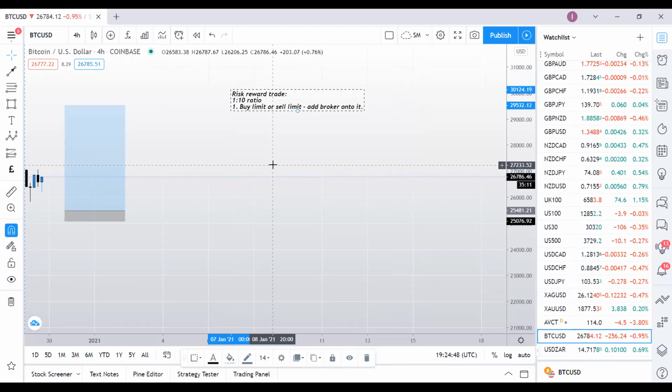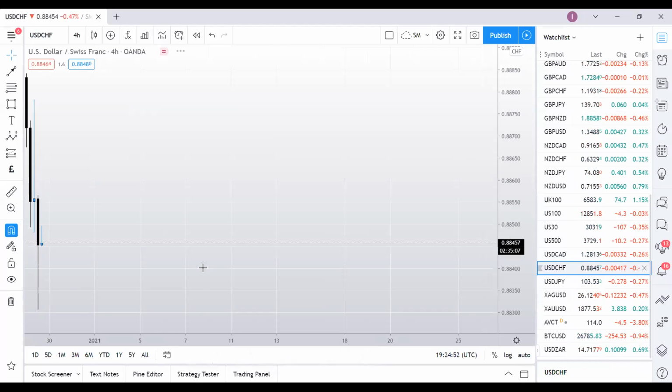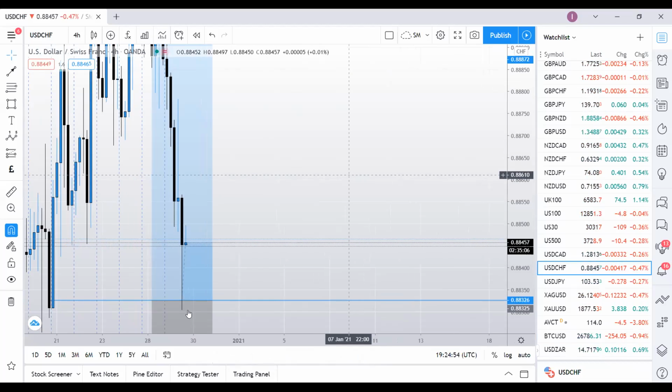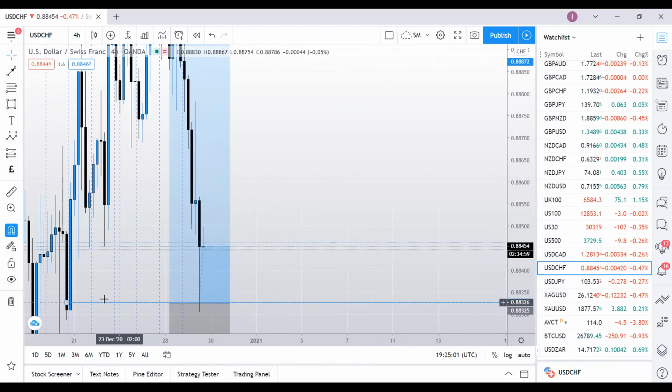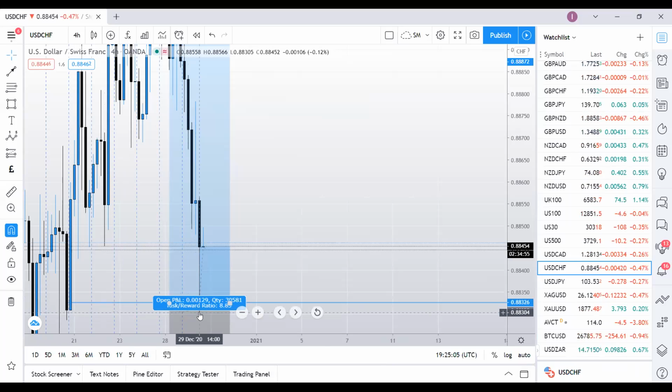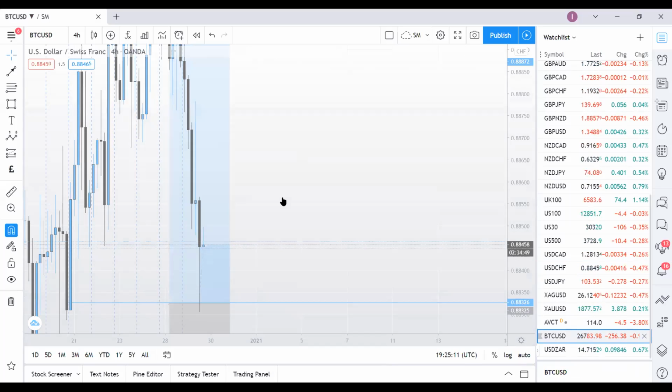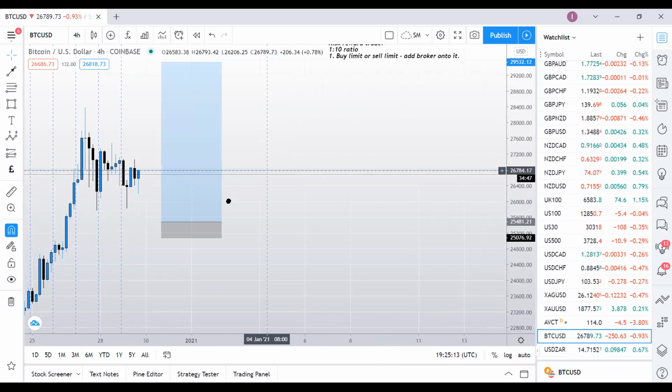The reason why you add the broker spread, I'll give you an example here. Can you see this trade just wicked into it? If you didn't add your broker spread, this potentially could have missed your price. This is why you need to add broker spread.